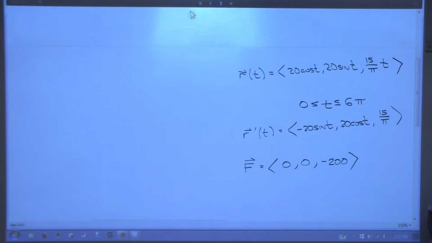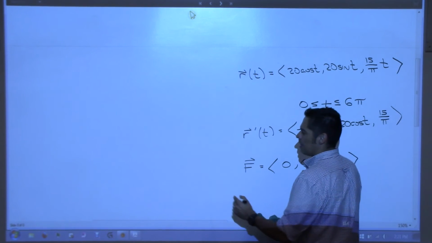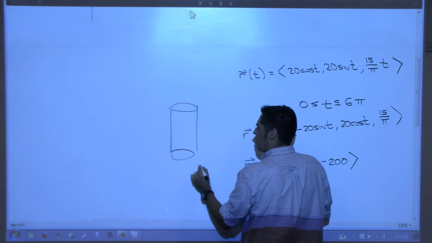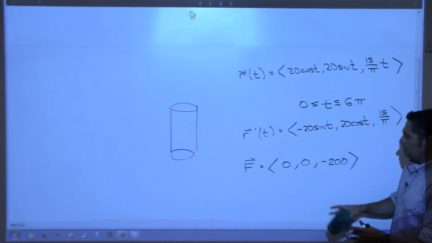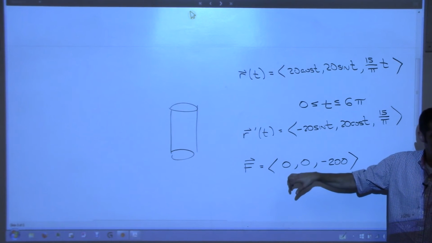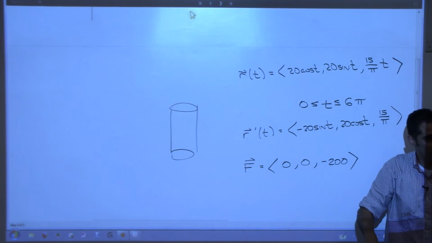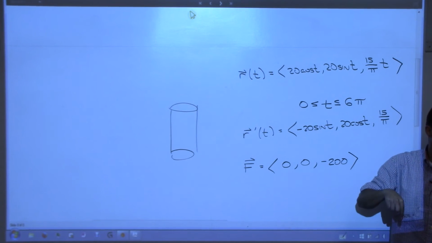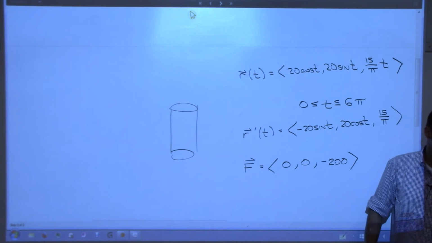We are assuming here that when you look in three-dimensional space, like in this silo, this vector is pointed straight down. We're assuming gravity is straight down. The negative 200 is his weight plus the weight of his bag.